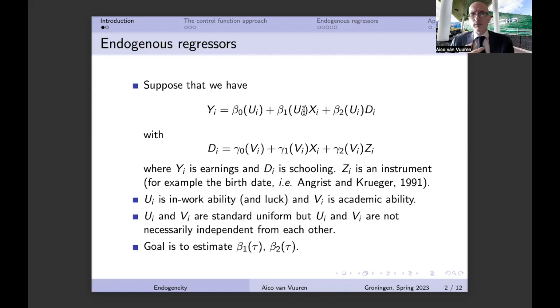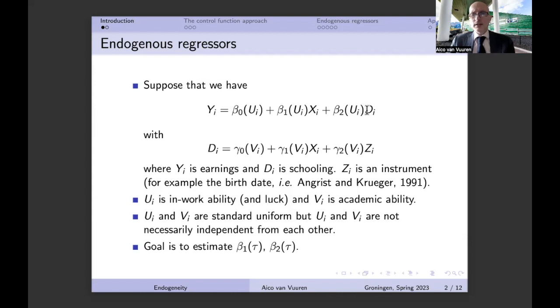Well, you actually know that for standard ordinary least squares, if the error term is correlated with any of the regressors, that will give us inconsistent estimators. But exactly the same problem we have at the moment that we're going to look at quantile regression. In that sense, essentially, quantile regression is not that different from standard mean regression.